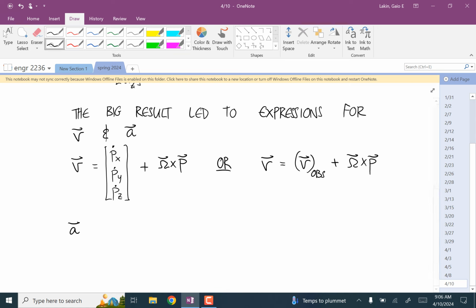And then the acceleration is much more complicated, and unfortunately it's the one that's most important to us because it's the skyway.